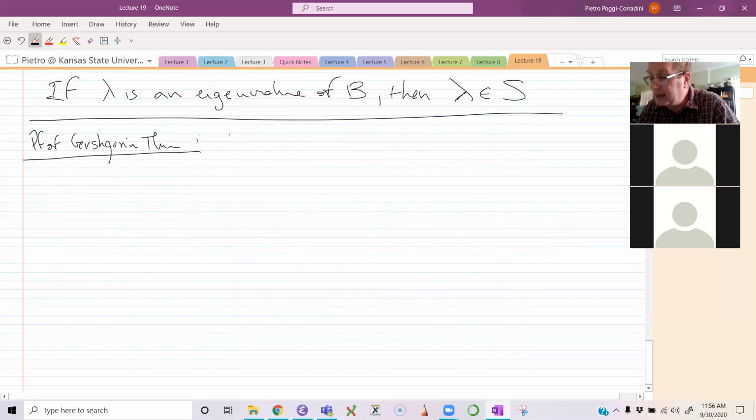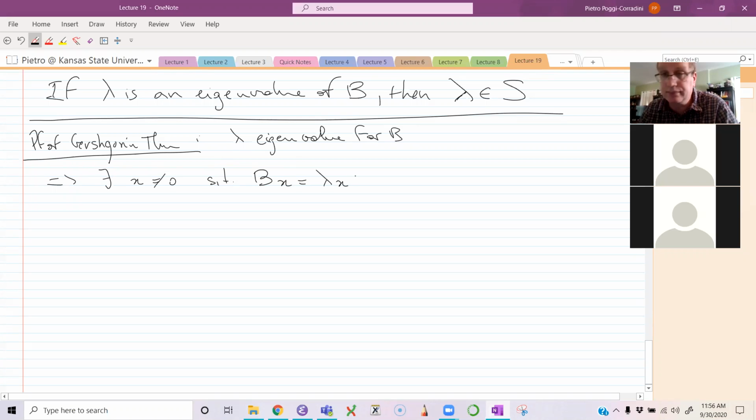All right, so if lambda is an eigenvalue for B, that means that there is a vector x, non-zero, such that B of x is lambda of x.